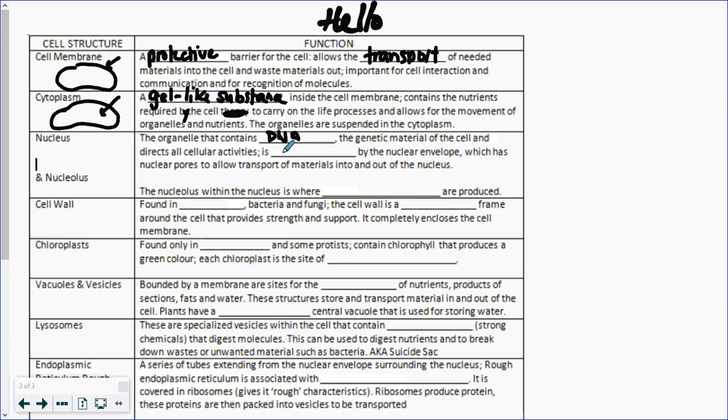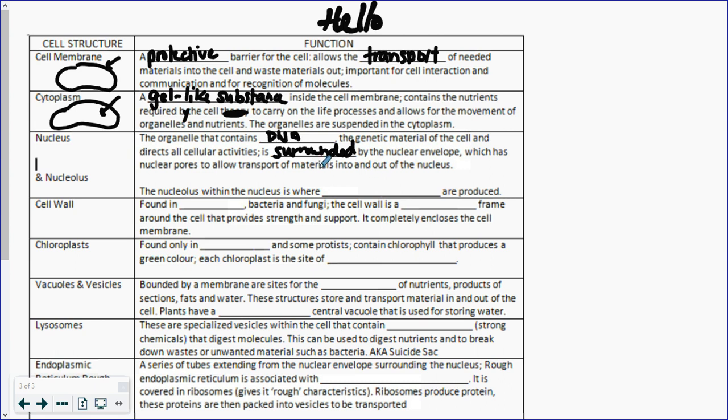It is surrounded by the nuclear envelope, which is just the membrane that's around the nucleus, and the nuclear envelope actually disappears during cellular reproduction to allow genetic information to be copied and then split up. But it also has nuclear pores which allow transport of materials into and out of the nucleus. So it is selective. Not everything can get into the nucleus.